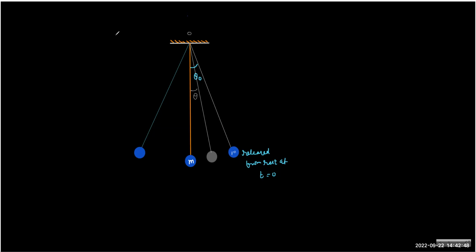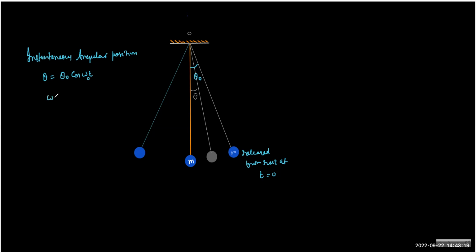Then the instantaneous angular position theta we can write as theta naught cos omega naught t. We write omega naught t for some interesting reason.